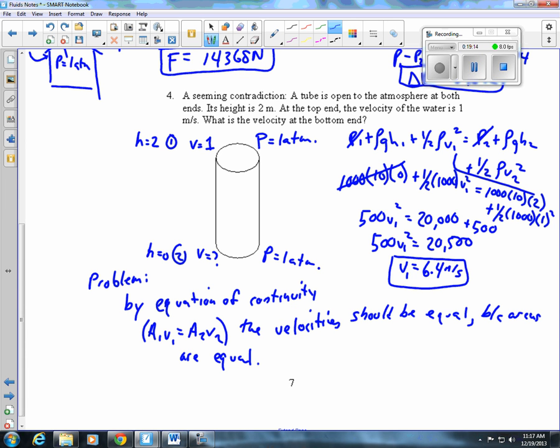It turns out that here's what's happening. If you turn on a water faucet, you notice this. The water, as it pours out of the faucet, as it's going down, it starts to speed up. If it's going faster, it has to be narrower, and the stream actually narrows down. So what will happen is the stream of water narrows as it falls.